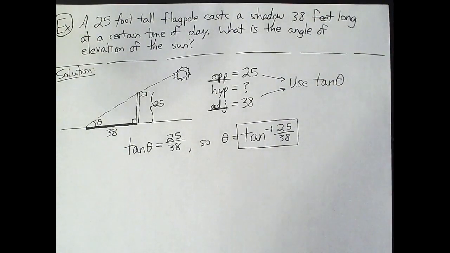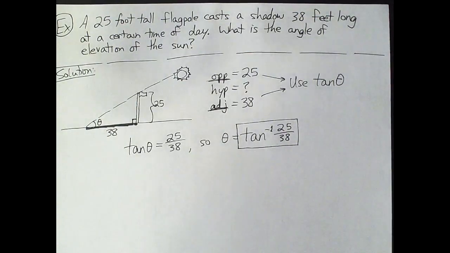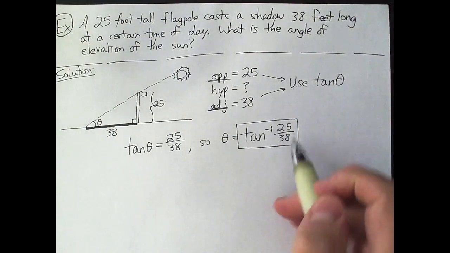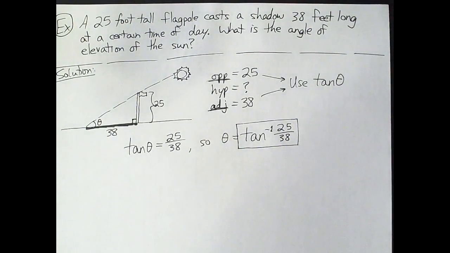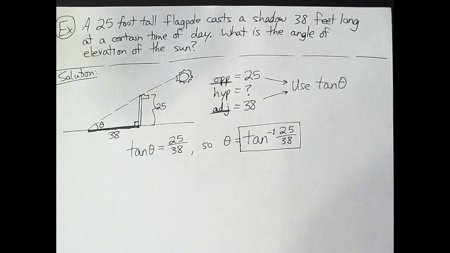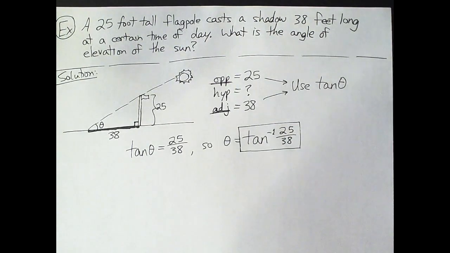But right now, at this point in the course, there's not really any way for us to do that by hand. So if it's something where you can't use a calculator, just stop here. You're done. You did find the answer. It's just not as nice of an answer as some of those other problems. But that's okay. I mean, not every problem in this class is going to work out to be 30 degrees, right? There are going to be problems that work out to be weird things like this.